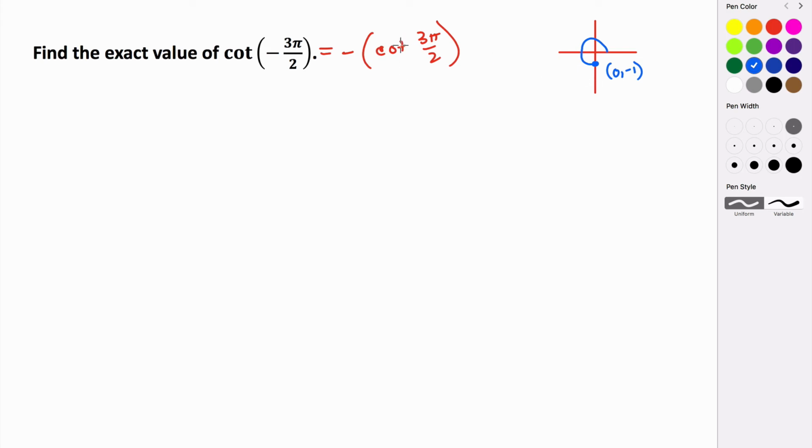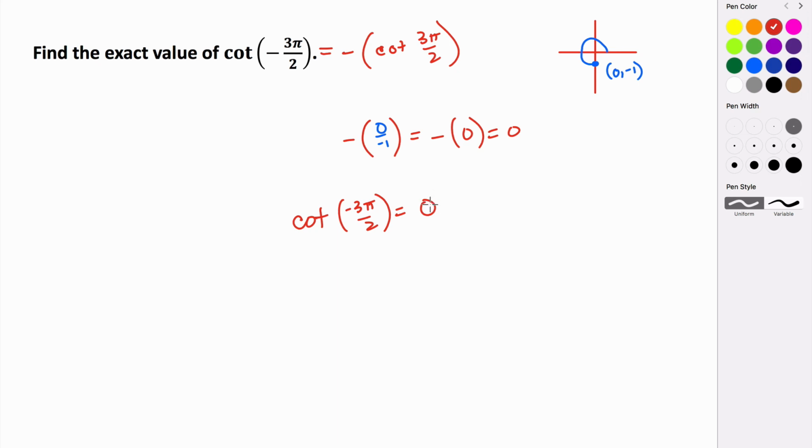The cotangent is the reciprocal of the tangent. The tangent is y divided by x, so the cotangent is the x-coordinate divided by the y-coordinate. So it's the opposite of 0 divided by negative 1, which is really just the opposite of 0, or 0. So the cotangent of negative 3 pi over 2 is equal to 0.